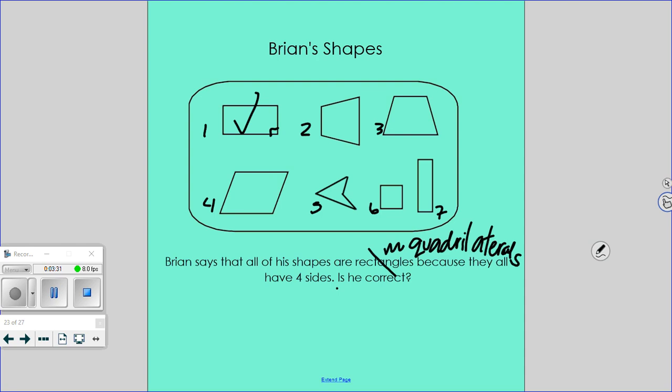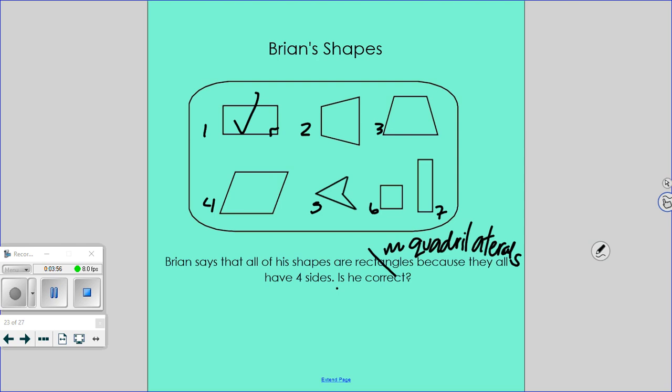What about shape number 2? Lainey? No. What shape is it? Not a rectangle. So what is it? Dorian? Not a square. Nope.